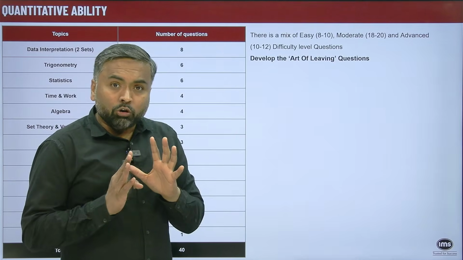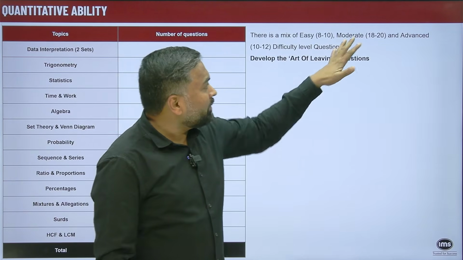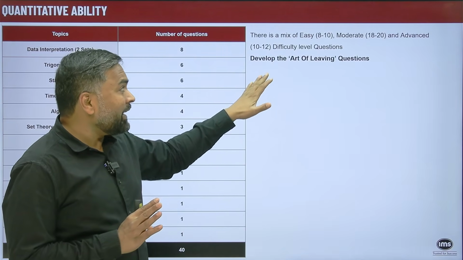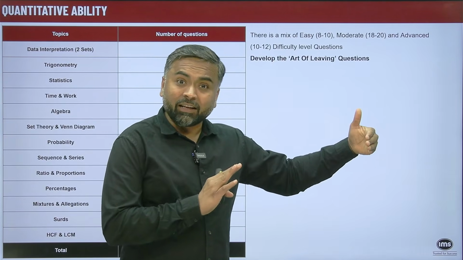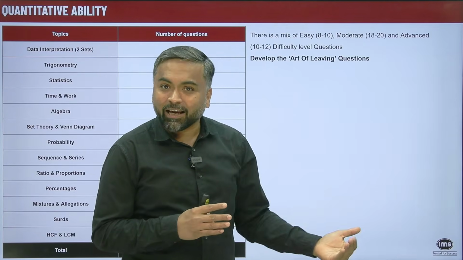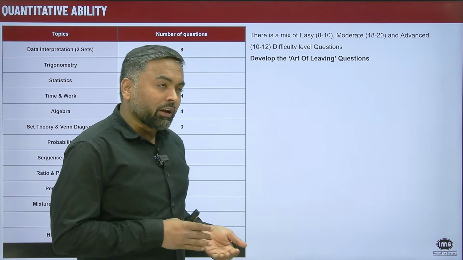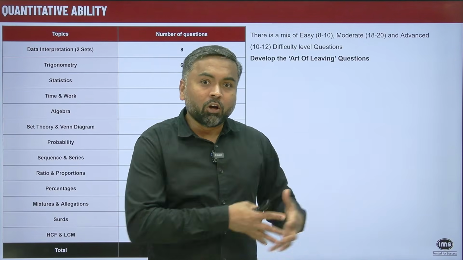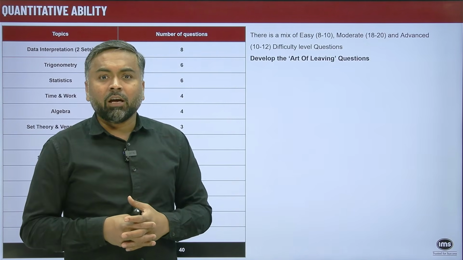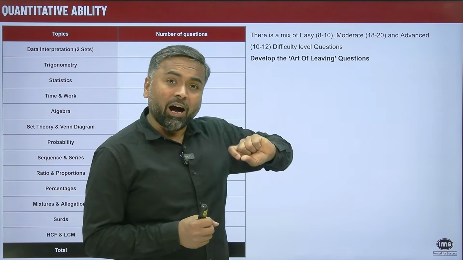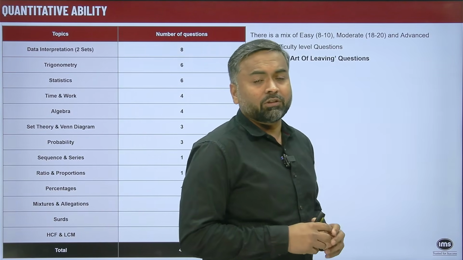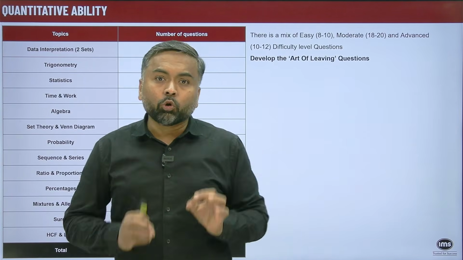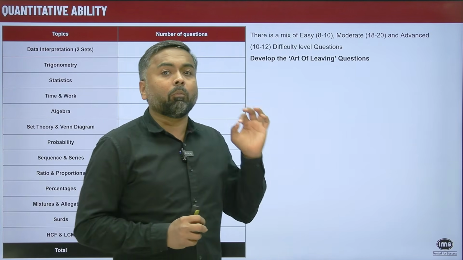So students need to make sure they are able to identify the easy and moderate level questions and apply the art of leaving technique that we have taught you many times. The video for the same is also available, art of leaving, or we also call it the ABC strategy. Apply that strategy, develop the skill of leaving the difficult questions, and ensure you are attempting only those questions which are easy or easy to moderate.